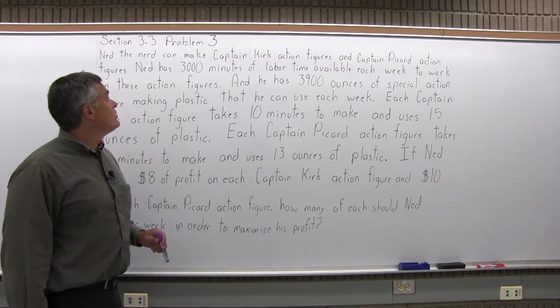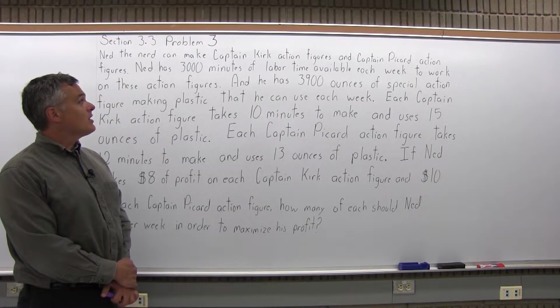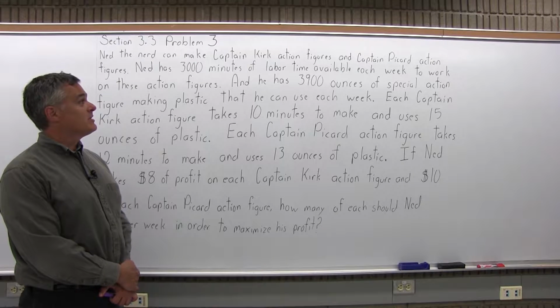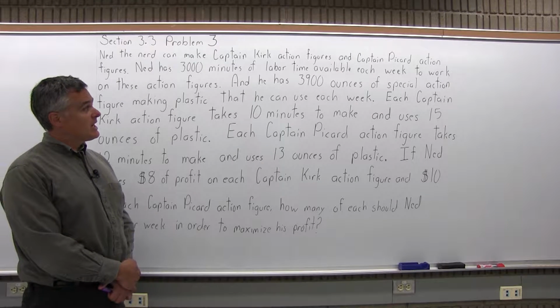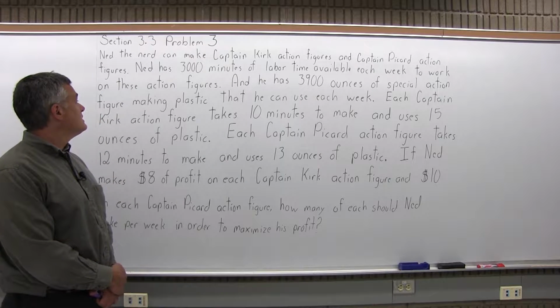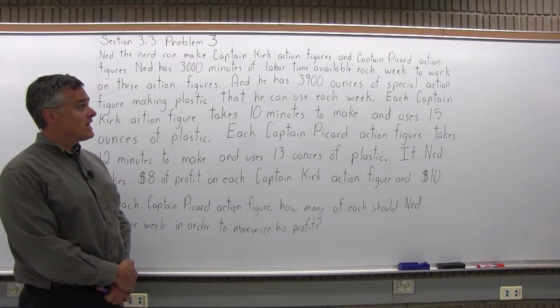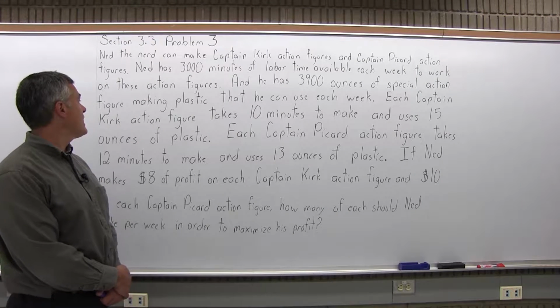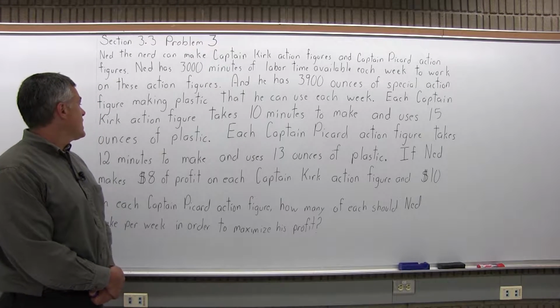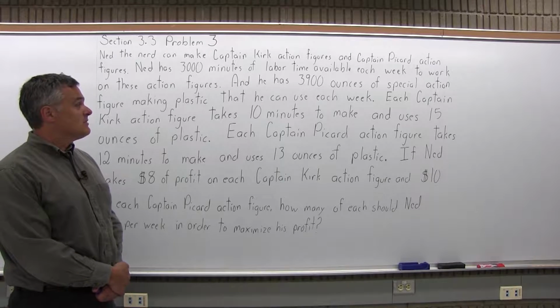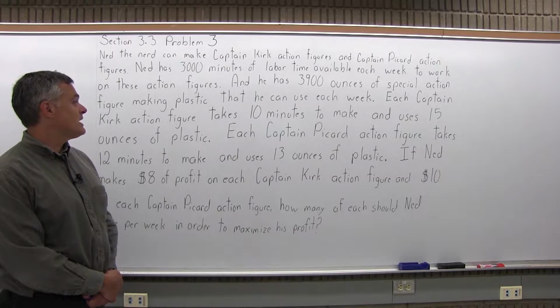It says Ned the Nerd can make Captain Kirk action figures and Captain Picard action figures. Ned has 3,000 minutes of labor time each week to work on these action figures, and he has 3,900 ounces of special action figure making plastic that he can use each week. Each Captain Kirk action figure takes 10 minutes to make and uses 15 ounces of plastic.